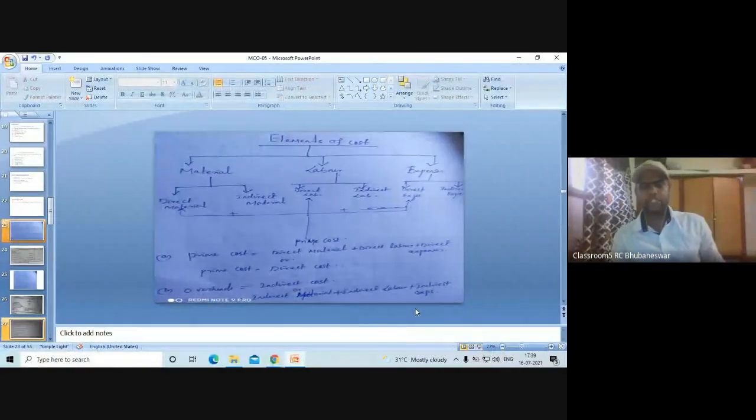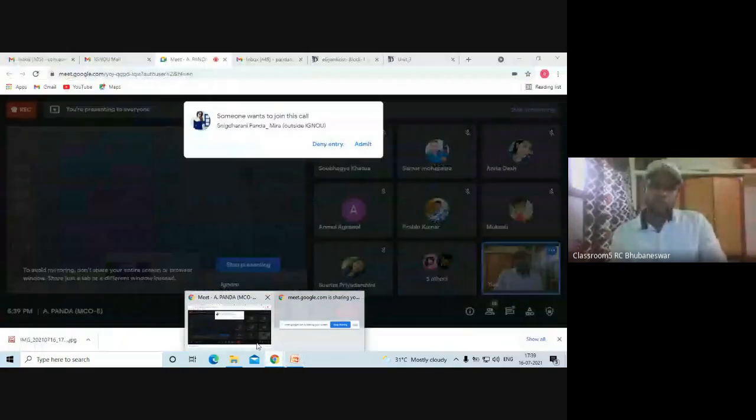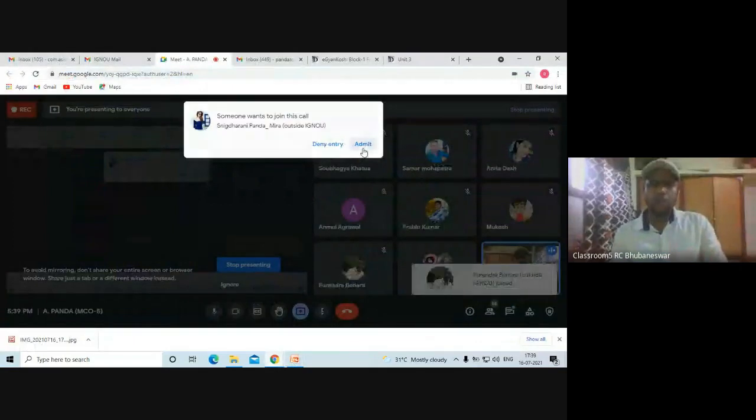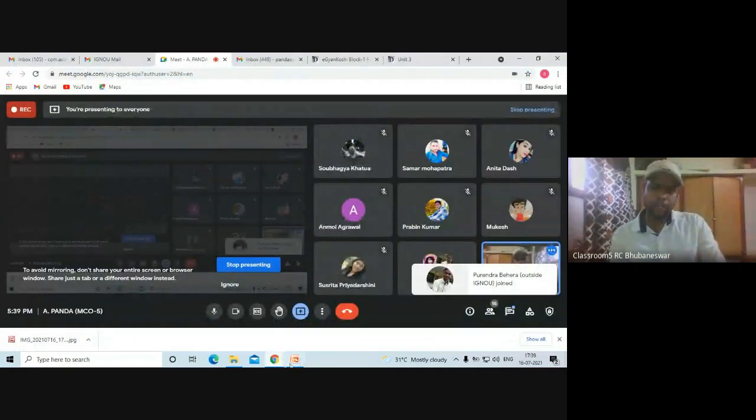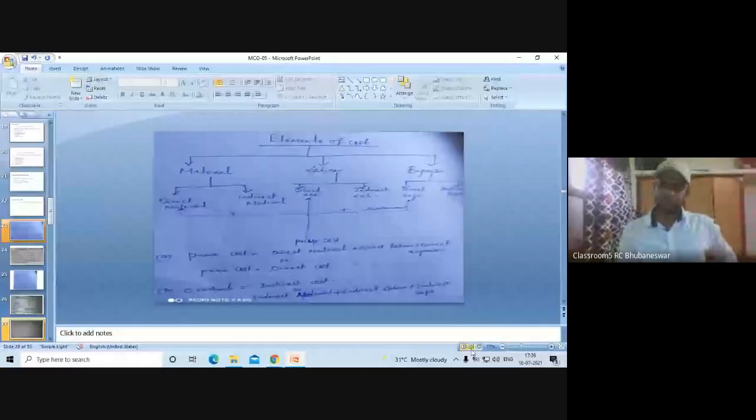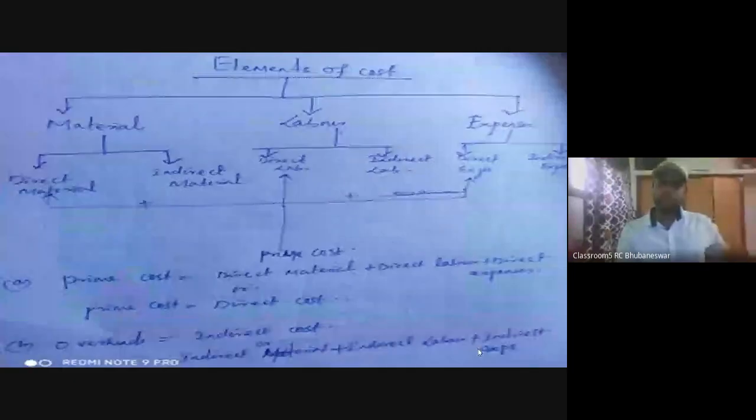Okay, so expenses means some other costs are also there which are required to produce or convert a particular raw material into a finished product. Okay, next, why has the direct and indirect segregation been made?